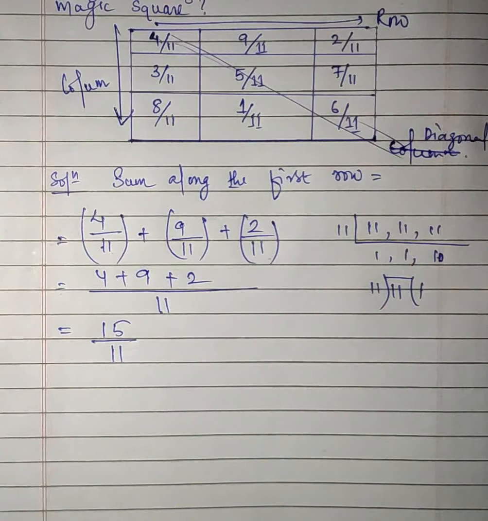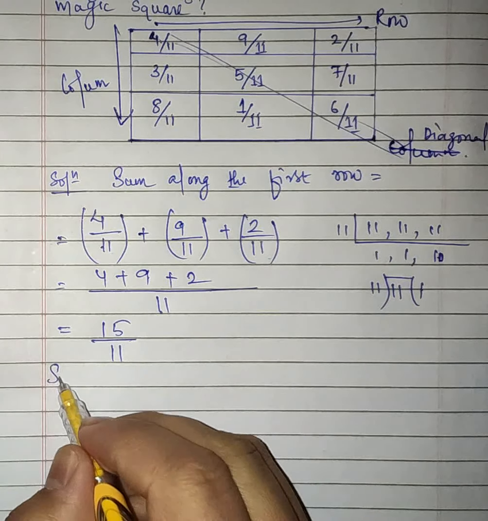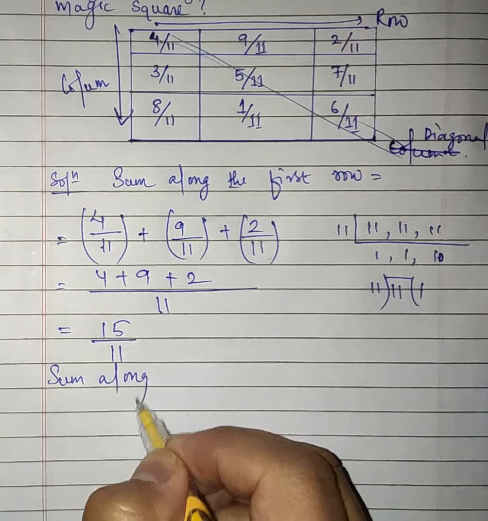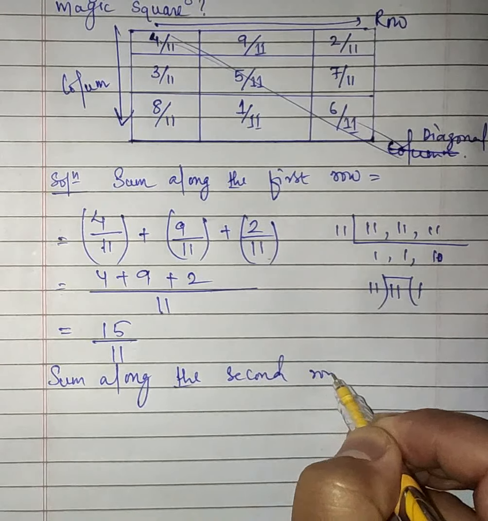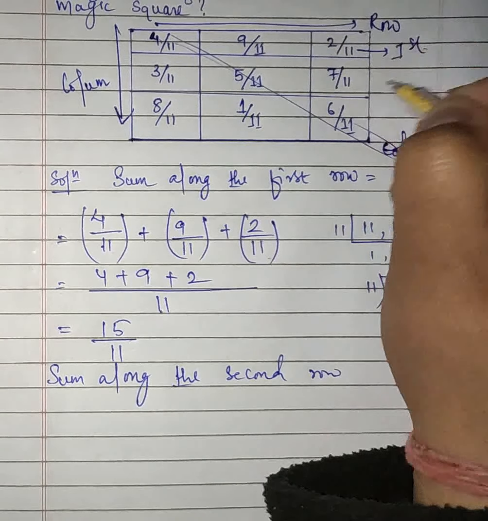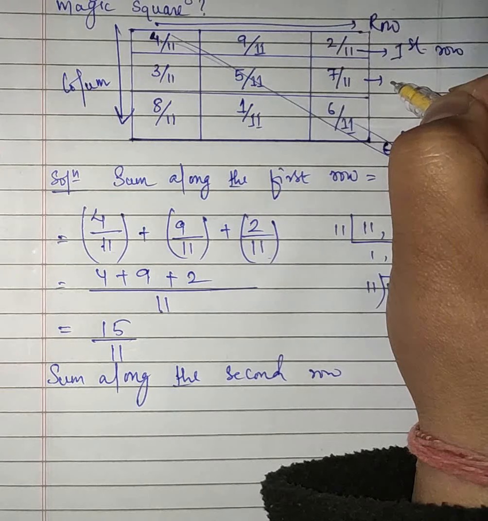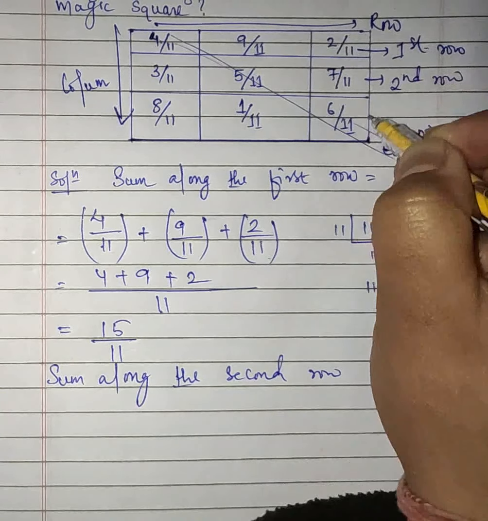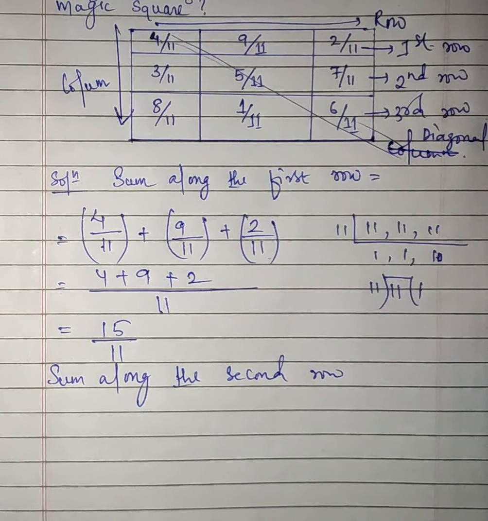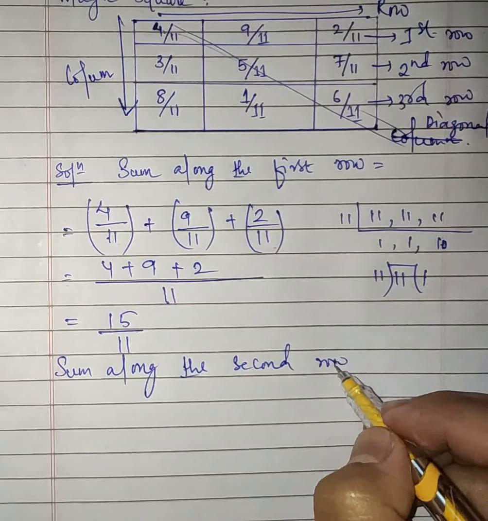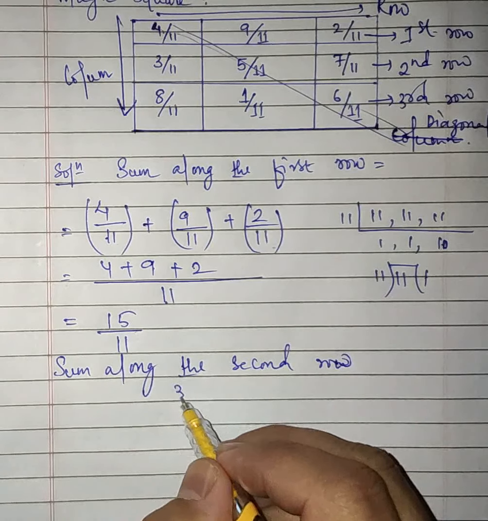Now adding the second row, the sum along the second row. This was our first row, this is our second row, and this is our third row. We will add each row first. This is our second row, so we are going to add the second one.